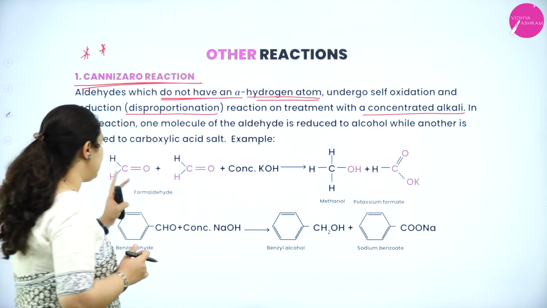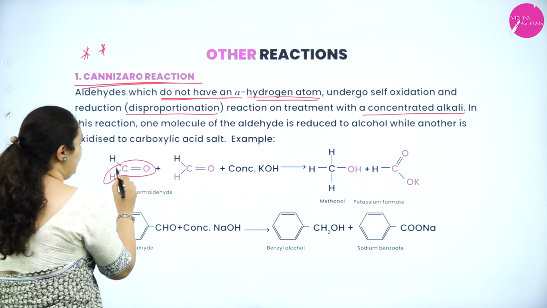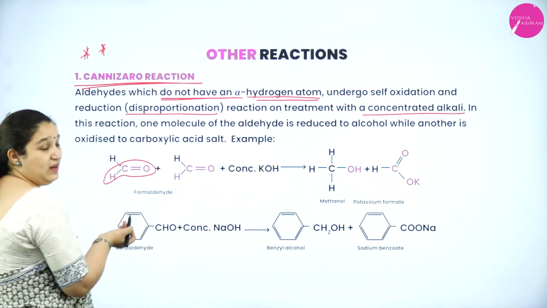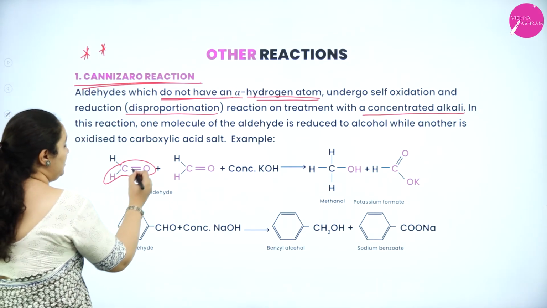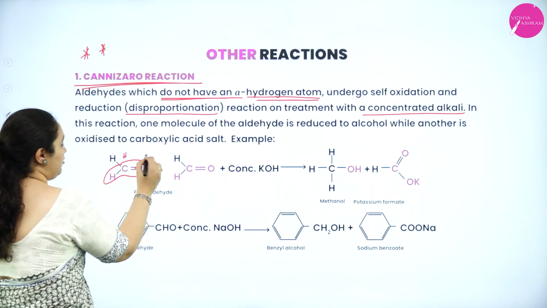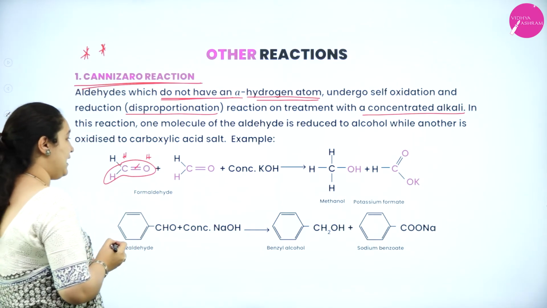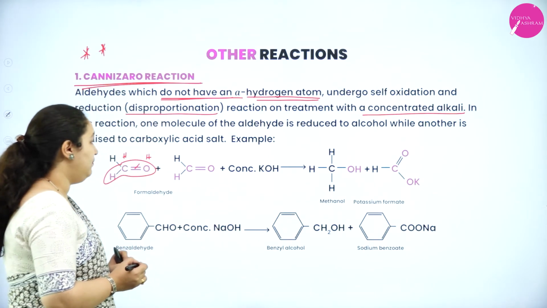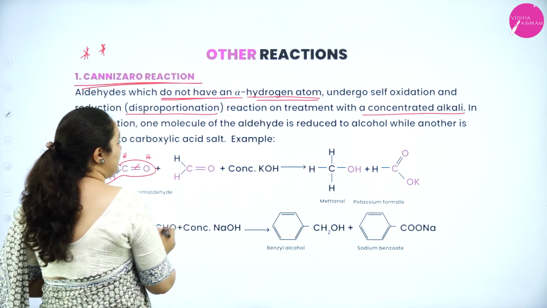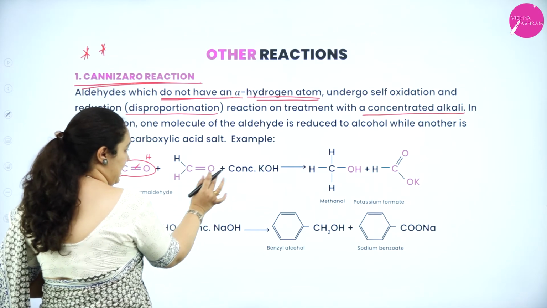So here what exactly is happening? In formaldehyde, okay, we have no alpha hydrogen atom as I told you all. So here the double bond is broken, here one hydrogen gets added, here one hydrogen gets added, and you will get methanol. Okay. And what exactly happens here? The HCO group remains as it is.